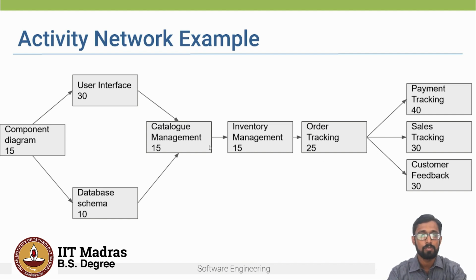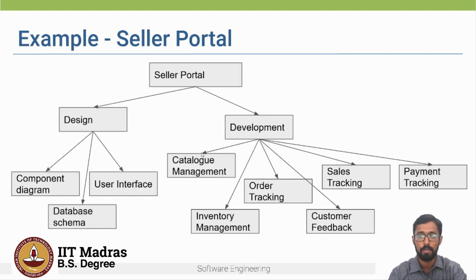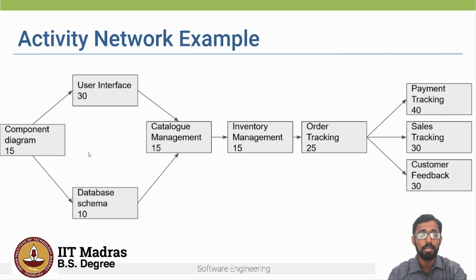If you see the catalog management, which is part of the development, that can start only after you create the component diagram, the user interface, and the database schema. This graph-like structure determines the dependencies between different tasks.